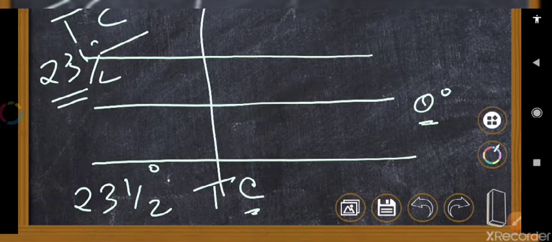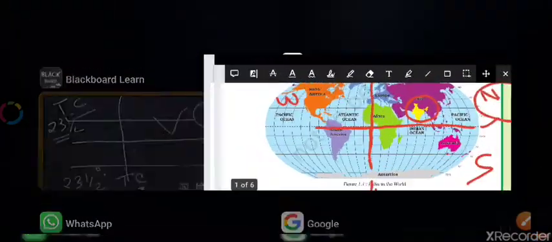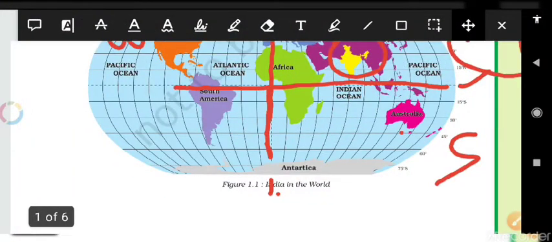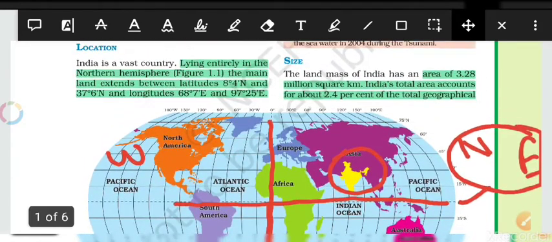India is completely lying on this side. As we can see, the Tropic of Cancer divides India approximately into two halves. So India is completely lying in the north and east side of the globe.